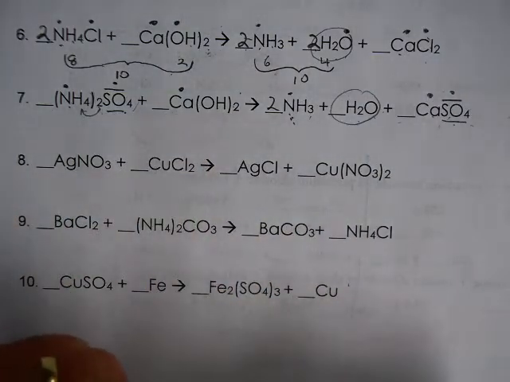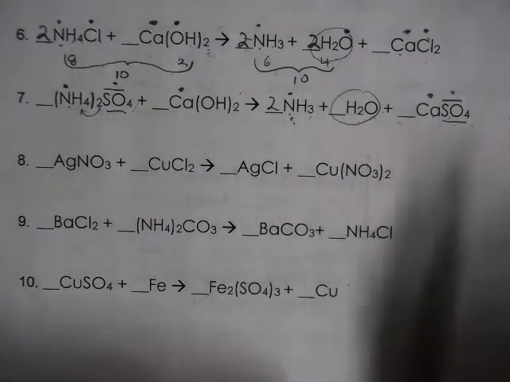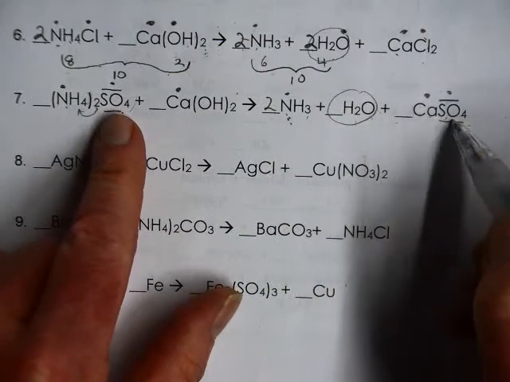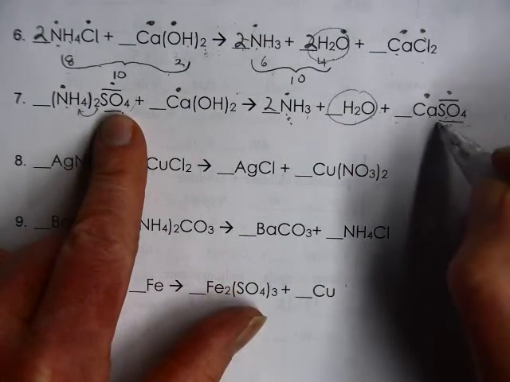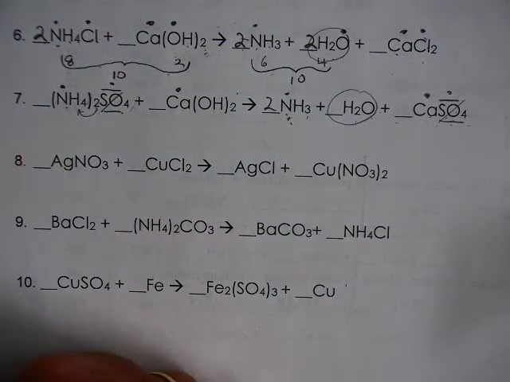What's left? That's right, hydrogen and oxygen. And what am I going to key on? The oxygen. I'm going after the oxygen. Because I've balanced the sulfates, when I'm talking about the oxygens, I ignore those because they're already balanced on either side.